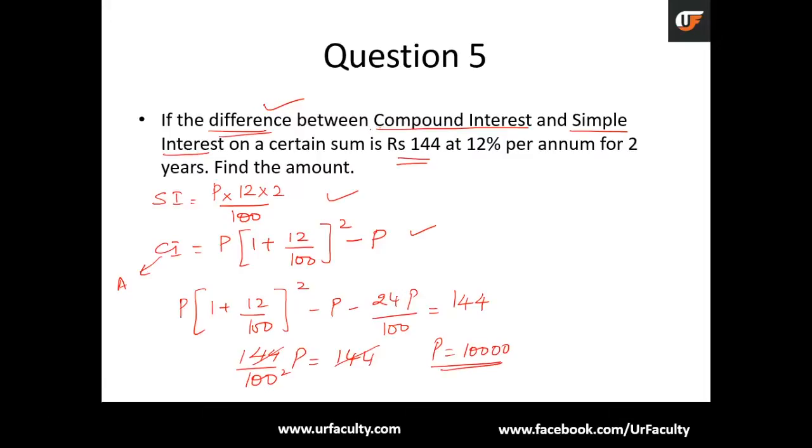Now I'm going to teach one interesting concept here which will be very useful for you in problems like this. So let's take this (1 plus 12 by 100) square. When you do a cross multiplication, you will get it as 112 by 100 power 2. 112 square.